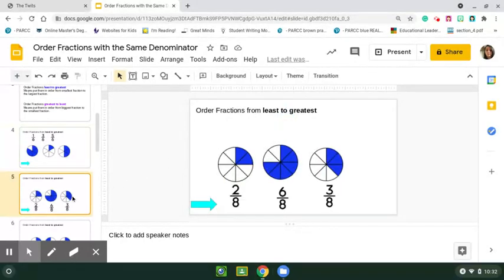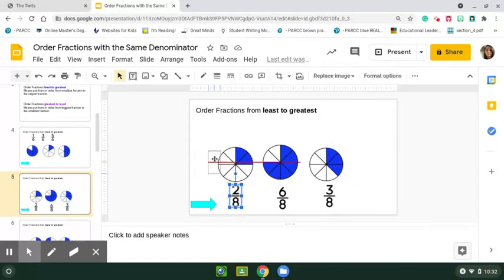All right, let's look at this. This one says order fractions from least to greatest. So again, we want to go smallest to largest, and we're checking our denominators. Yes, this makes our job easier because all the pieces are the same size. So we can just go upstairs, look at that number, and put these numbers in order.